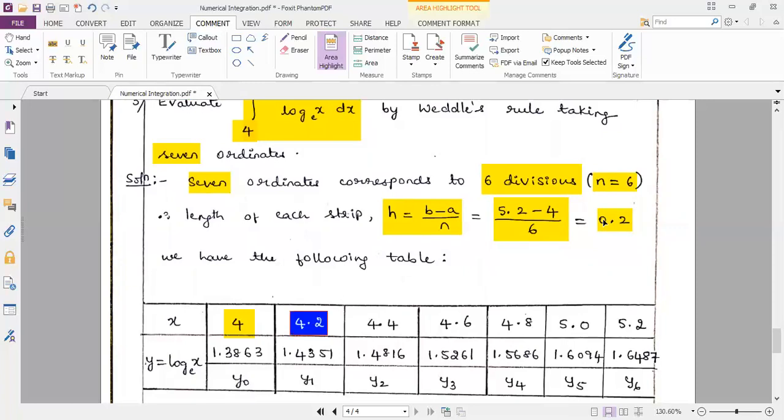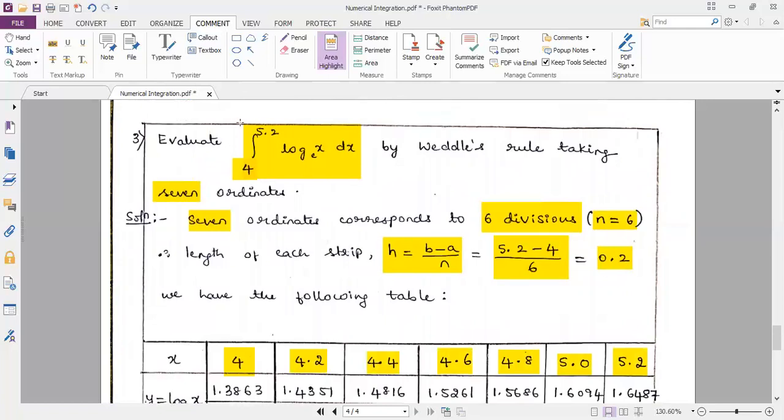Similarly, 4.2 plus 0.2 is added to obtain 4.4. 4.4 plus 0.2, we obtain 4.6. 4.6 plus 0.2 is 4.8. 4.8 plus 0.2 is 5.0. And lastly, 5.0 plus 0.2 is 5.2, until we obtain the upper limit, which is 5.2. So starting from the lower limit, in steps of h, we add up the values until we obtain the upper limit. We write down the x values.